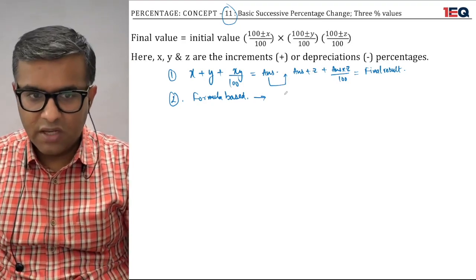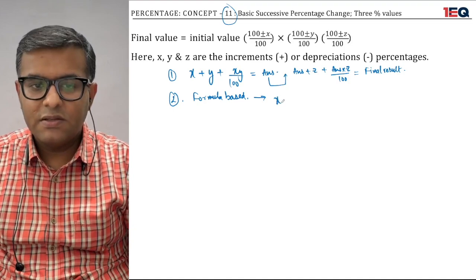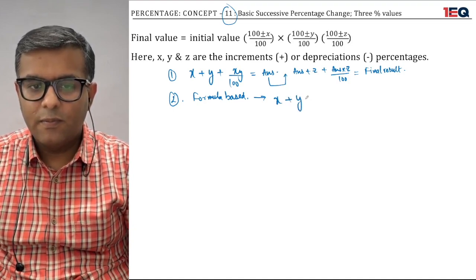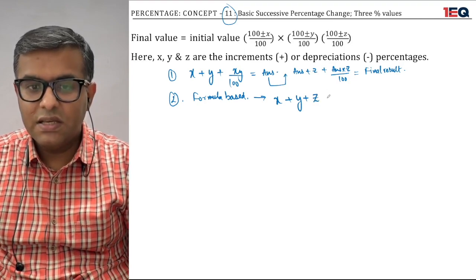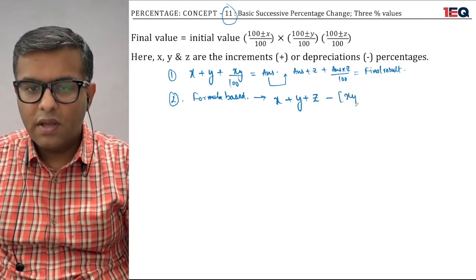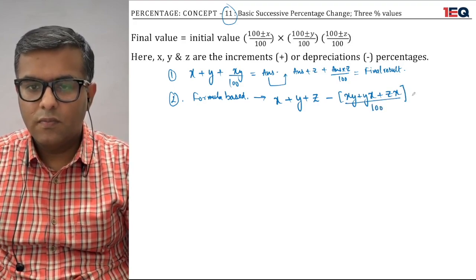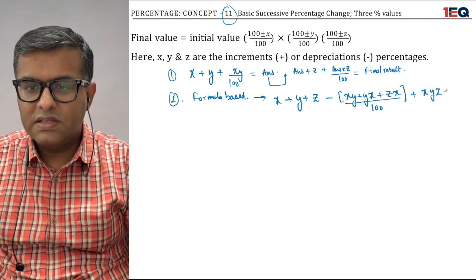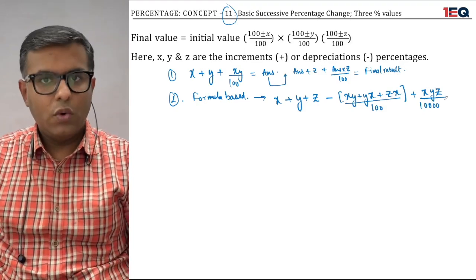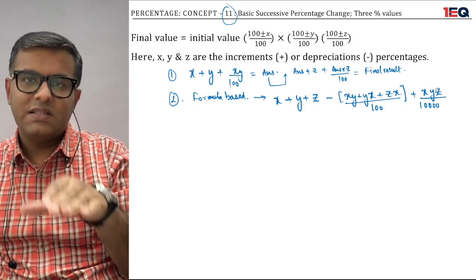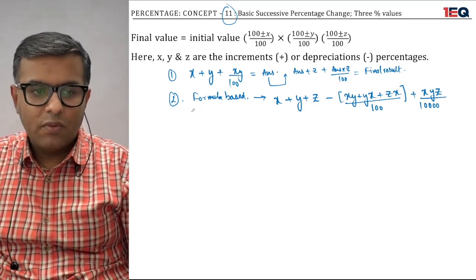The formula is x plus y plus z minus (xy plus yz plus zx) whole divided by 100, plus xyz divided by 10,000. This should only be used when I'm writing it in the bracket.